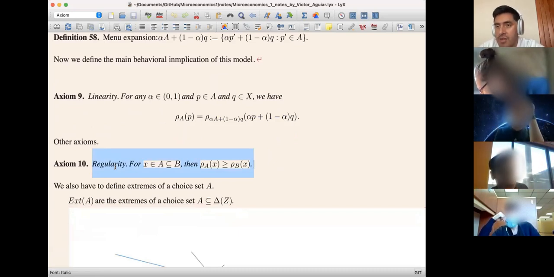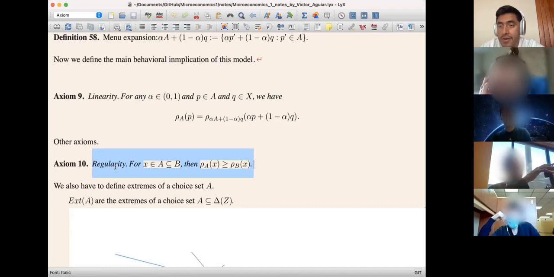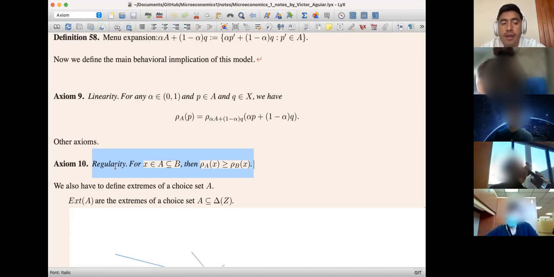So now I'm going to ask you to read this axiom with me. Regularity says that if I take and fix an alternative X, and then I consider two menus, capital A, which is smaller than capital B, so A is a smaller menu than B. Then imagine you're a random utility guy.